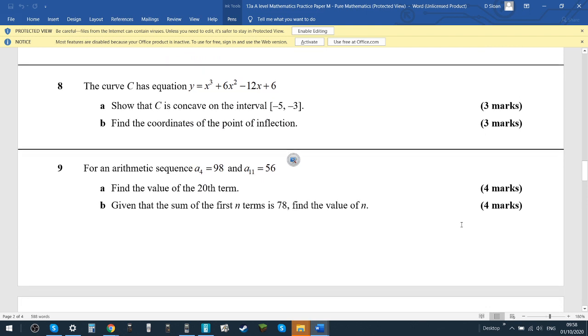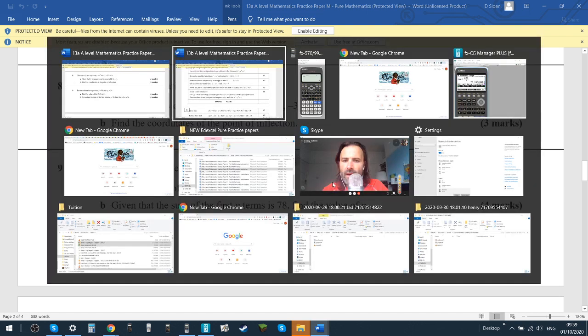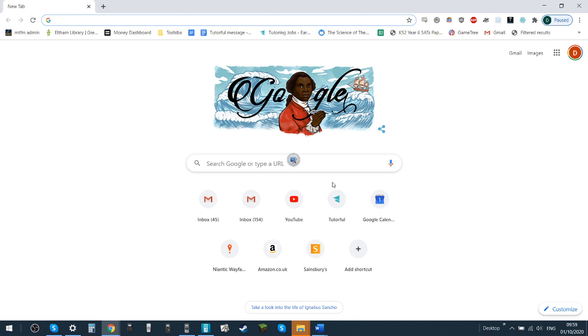Okay. What does concave mean again? It is to do with differentiation. So you'd have to differentiate it.